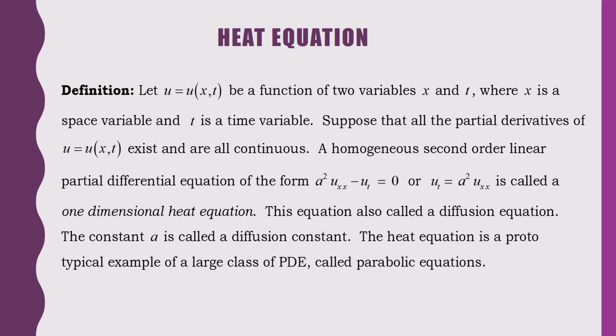This one-dimensional heat equation u_t equals a square u_xx represents the conduction of heat in a metal rod, or it represents the diffusion of gases. So it is a very important partial differential equation in applications.